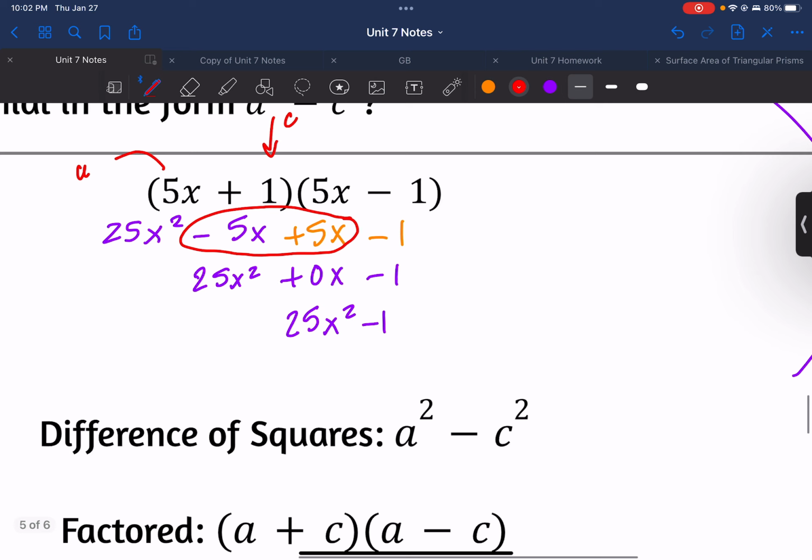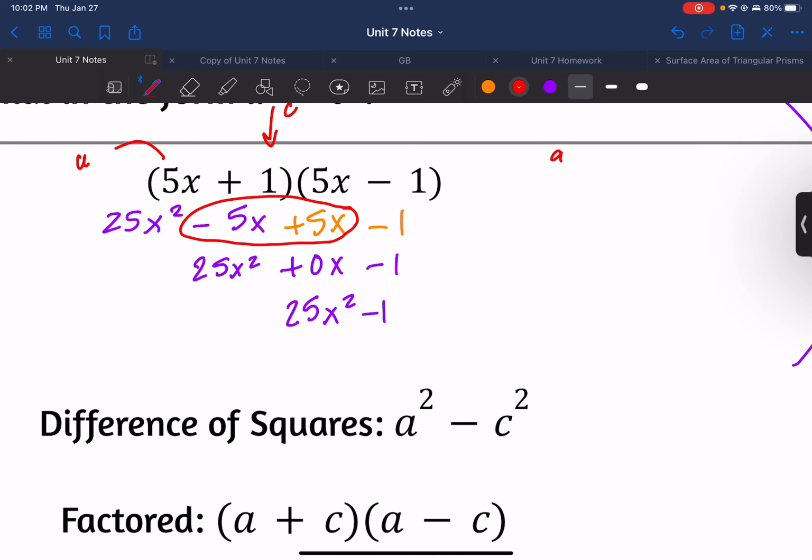So if A is 5x, and we need to square it, minus C. What is our C? Our C value is that number there, 1. And we're going to square it, and we should get our final answer.